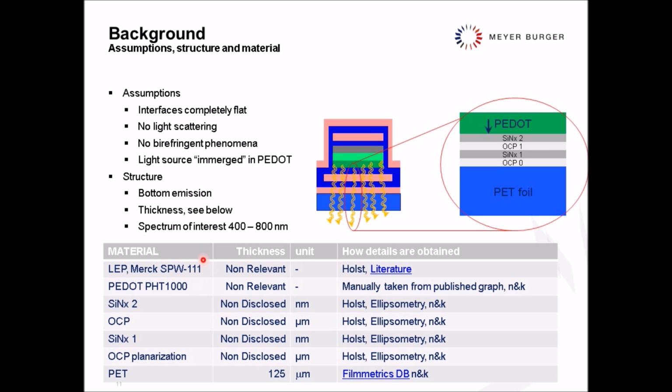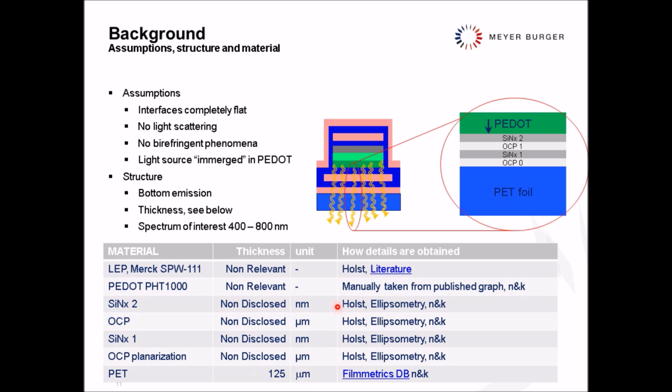Now, it is not important for the kind of light we're going to use to have a thickness, because it's actually non-relevant, and also for the P dot, for the consideration we have seen before, it is non-relevant to know how thick it is. All the other layers instead will be relevant to know the thickness, and especially for looking into the absorption. What we can say is we're going to look into a typical realization. So the silicon nitride will have thickness in the nanometer range, the OCP in the micrometer range.